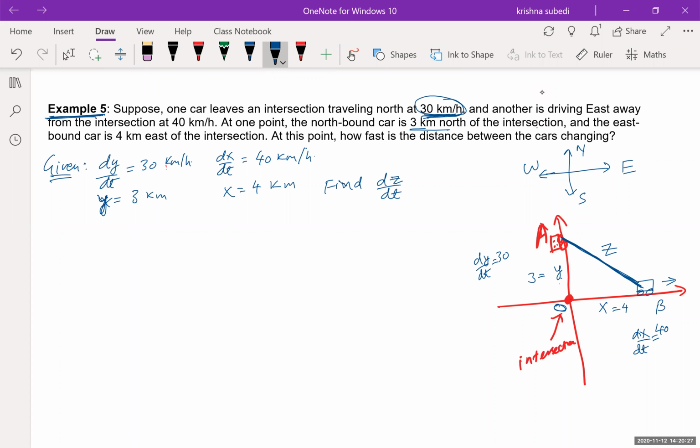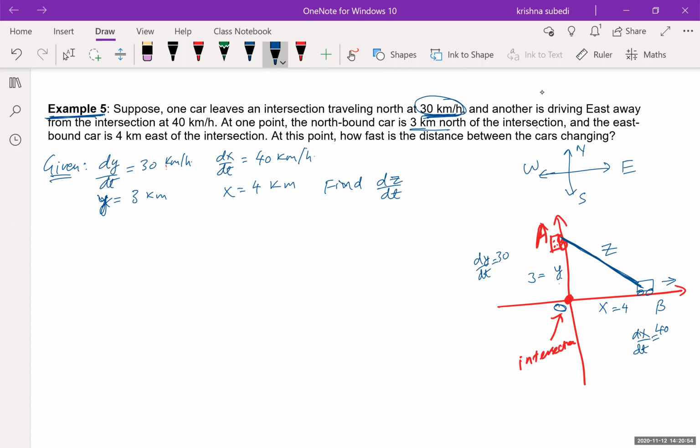Now step 1 is done, we read the question carefully. Step 2 is done, we draw the diagram, label the parts, and write down all the information using our mathematical language. Step 3 is to figure out the relationship between x, y, and z. What is the relationship between these three variables?